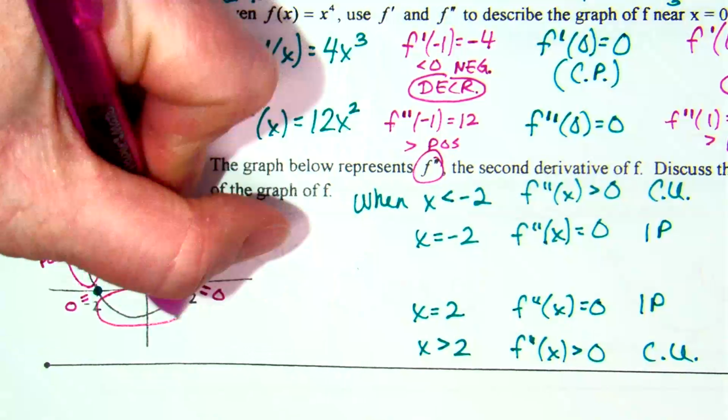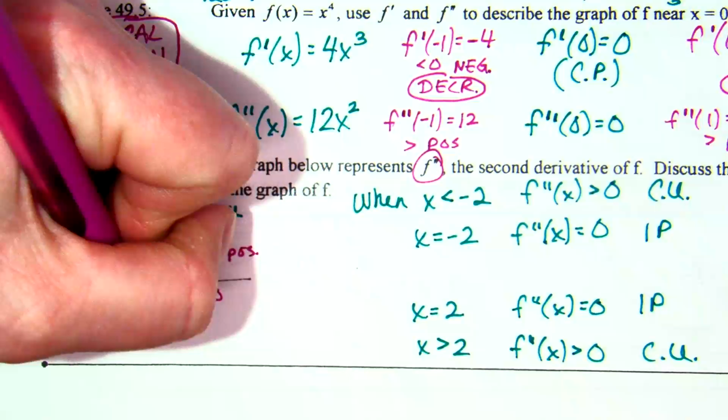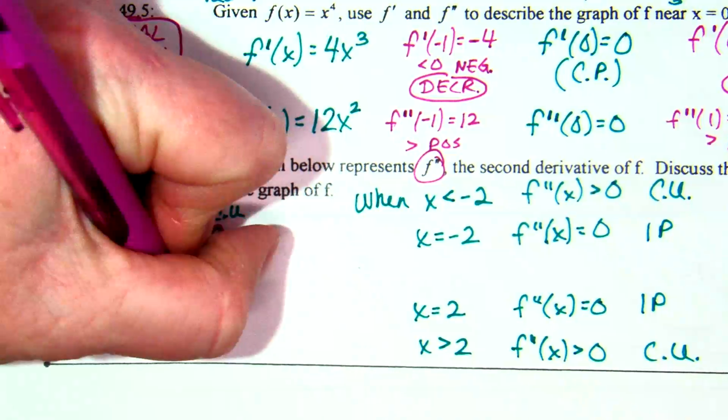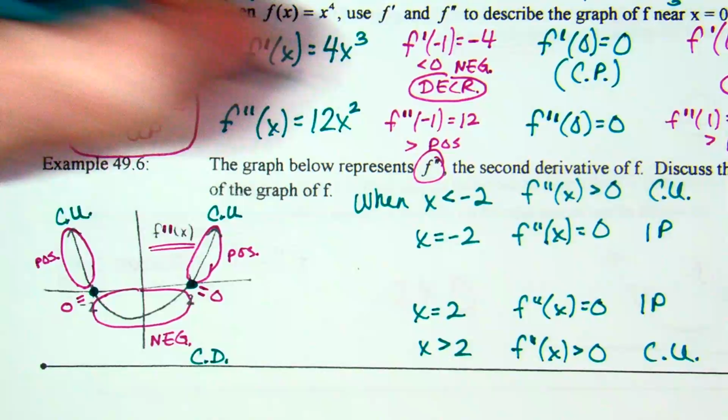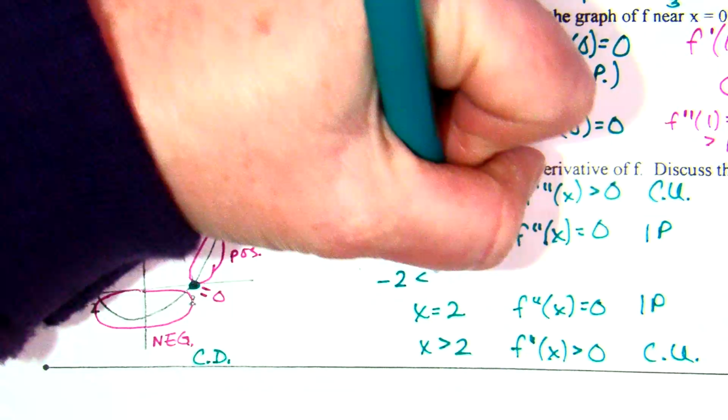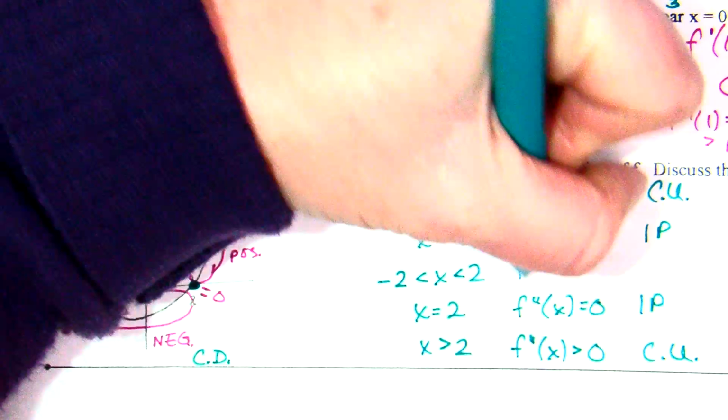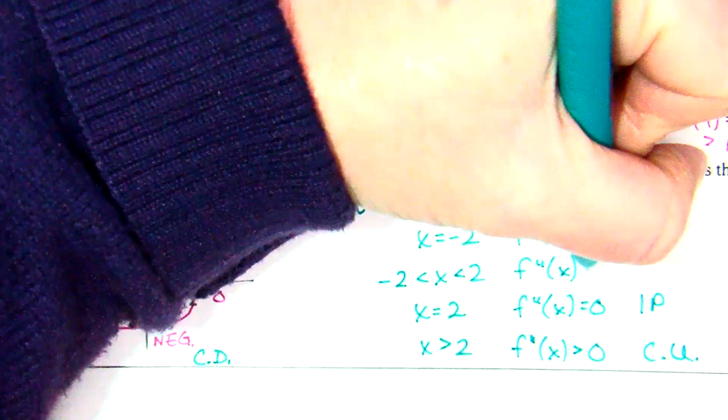From negative 2 to positive 2, my second derivative is negative. A negative second derivative means concave down. And so I'm going to say when negative 2 is less than x is less than 2, my second derivative is less than 0, and so it is concave down.